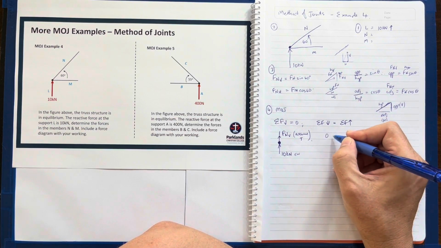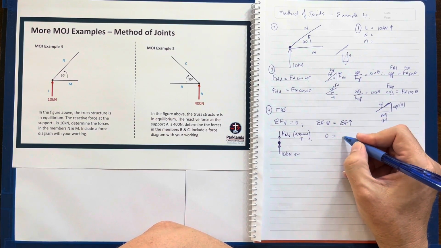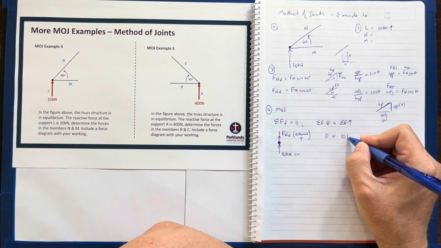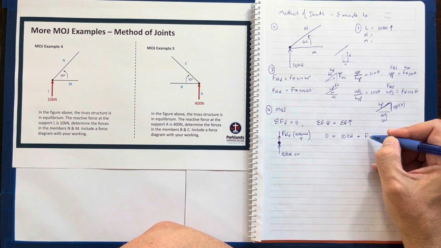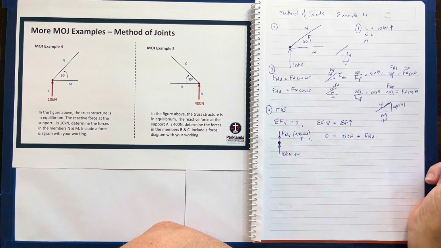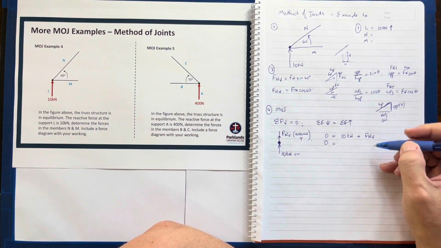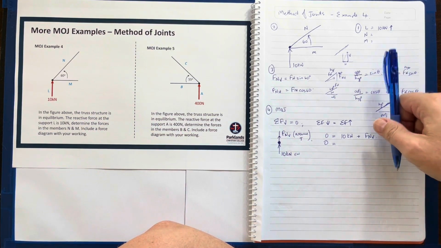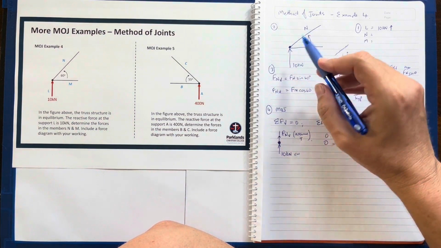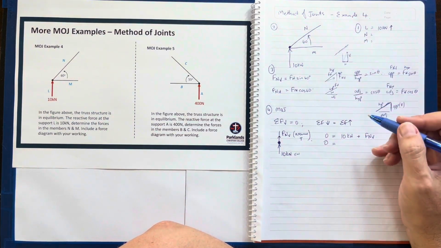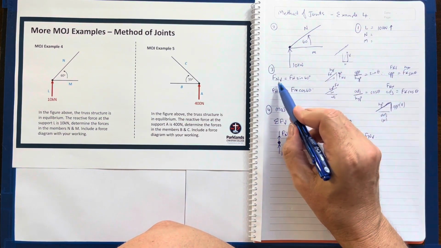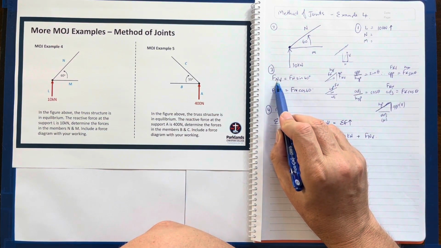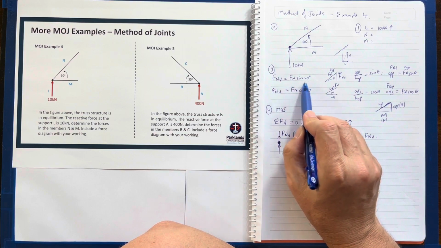So what I have is 0 equals my 10 kilonewtons plus force NV. But I know that vertical force going upwards, I've assumed it's away from the joint, but my force of N vertical is also actually that.